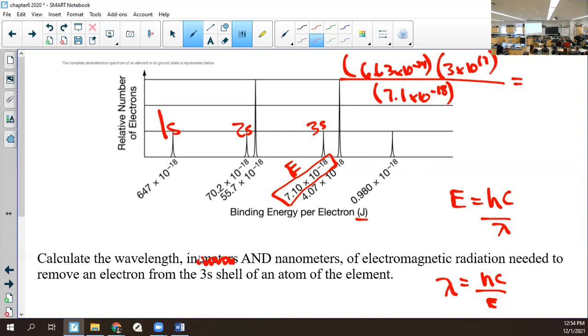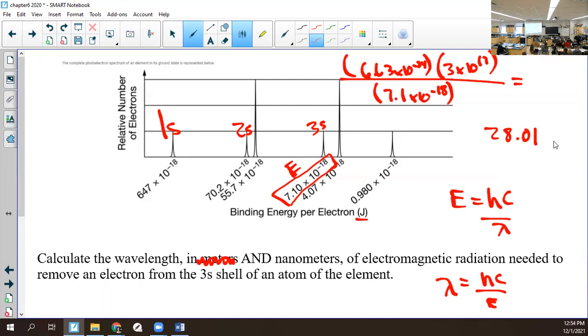Now, we can do it in meters. We just change this to the 8. Nanometers is what? 28.01.